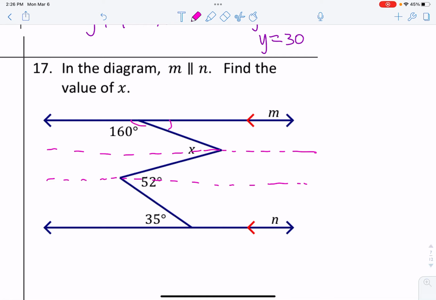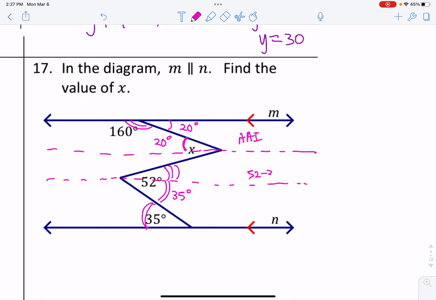Since this part of the angle is 160 degrees, then this angle will be 20 degrees because it's a linear pair, it's supplementary. So you can find that angle as 20. If it's 20, that angle portion here will also be 20 degrees because it's an alternate interior angle. And then if this angle is 35, then you can find this angle portion here as 35 because of alternate interior angles.